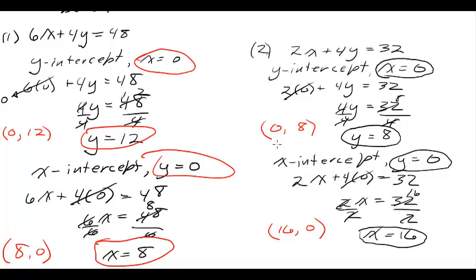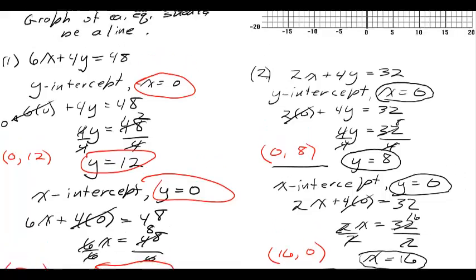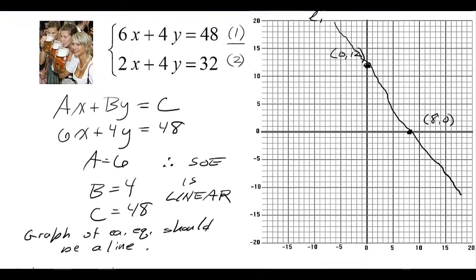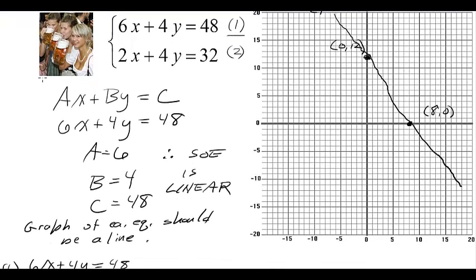The y-intercept for the second equation is going to be 0, 8, and the x-intercept for the second equation is going to be 16, 0. So let's plot them. 0, 8. We're at 0 in the x direction, and we're going to go up 8. That's 5, 6, 7, 8. So that's 0, 8.